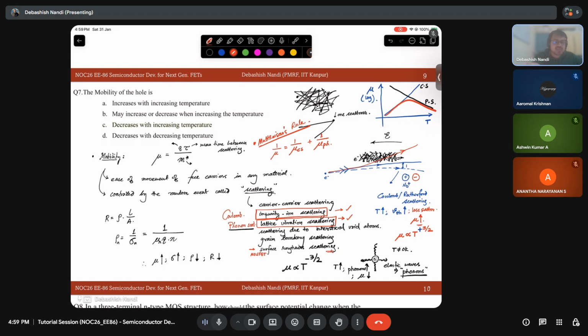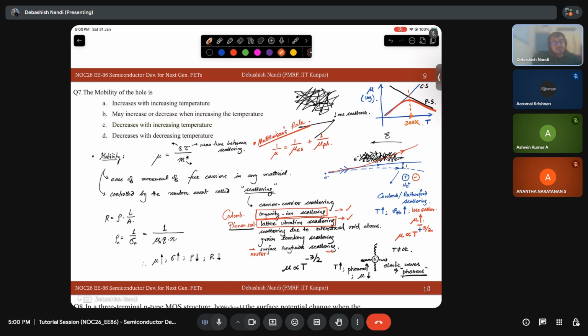Fine. Because it has both the phenomena depending upon what temperature range we are talking about. Remember that in case of silicon, this is the place where your room temperature lies. Fine.